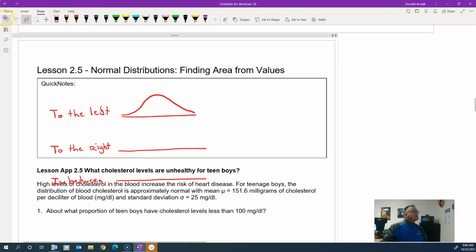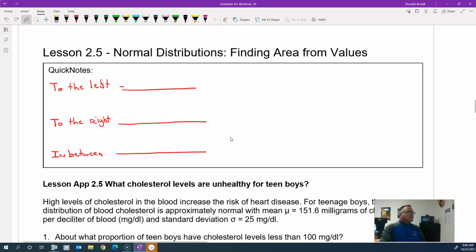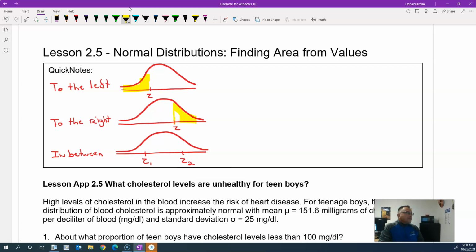Oops, undo that. Okay, oops, darn it. Okay, and the first one, your area is the same as the table value.